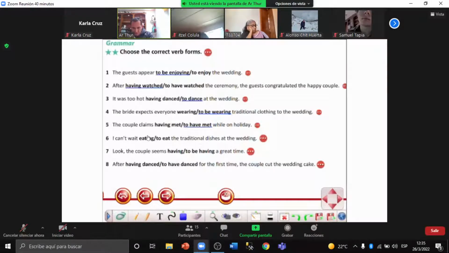We have to learn how to make a difference between the present continuous and the full infinitive. When you have a full infinitive using the verb to be, it is a purpose. Present continuous, you emphasize the action. Be careful with that.